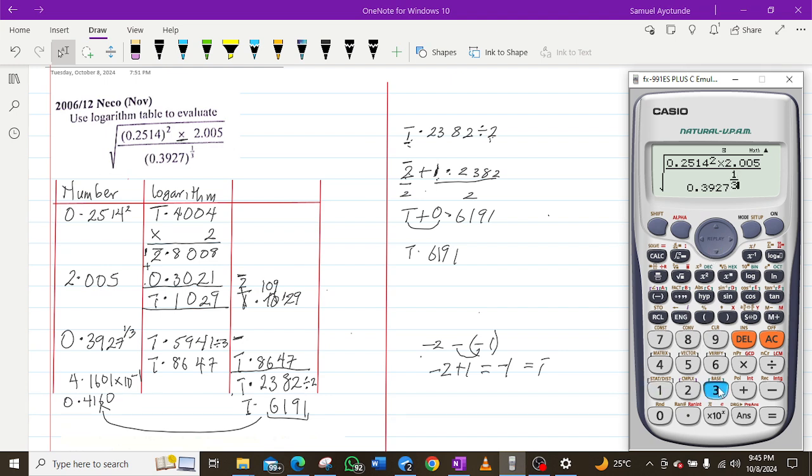So let's see our answer. 0.4159. If we approximate the 9 to 5, you will notice it's 0.4160. That implies we are correct.